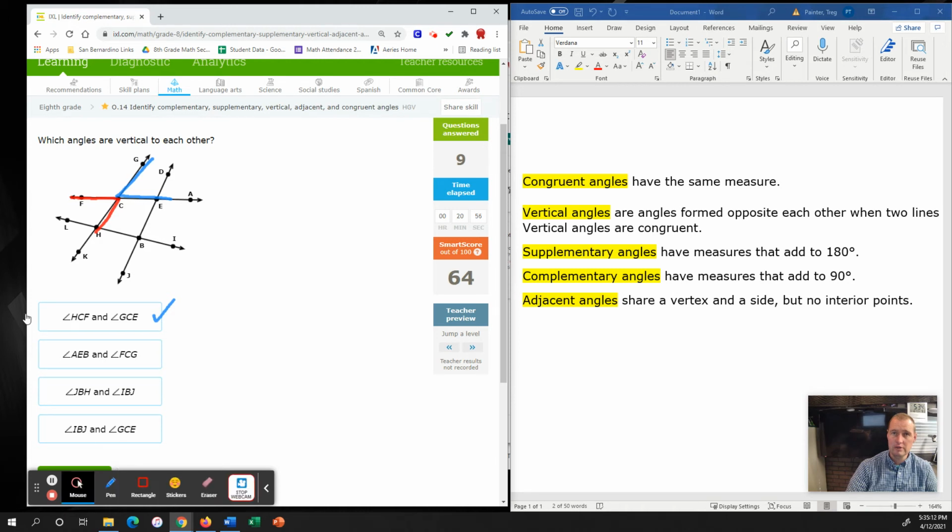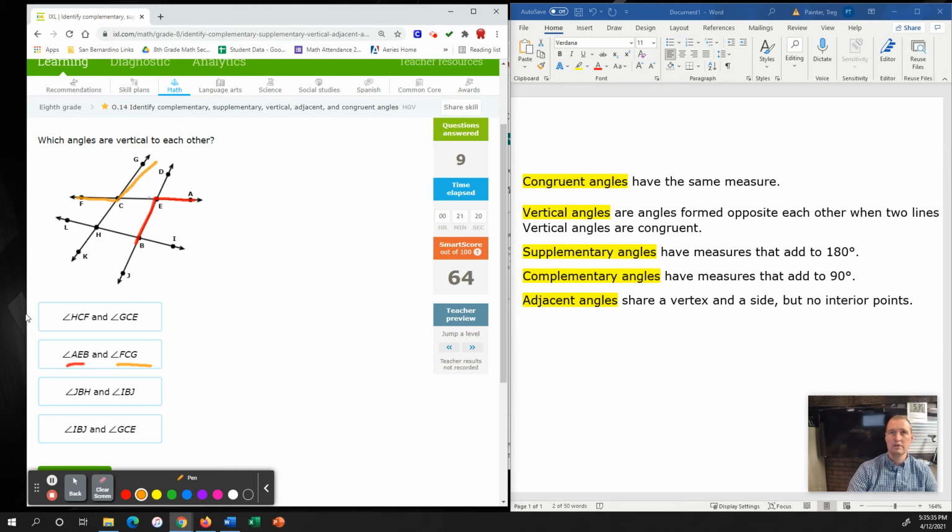But let's see what's wrong with the other 3 because there's a reason why they put them on there. And also if you find the 3 that are wrong, you know the first one's right. So we got AEB. Then they're saying, well, that's vertical to FCG.